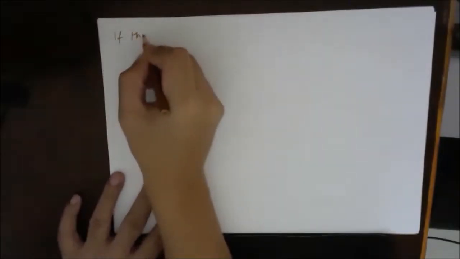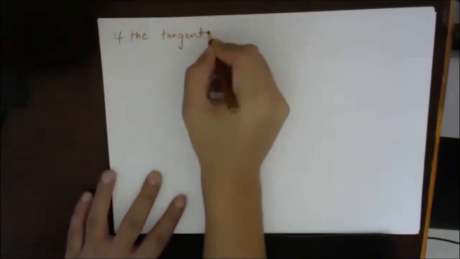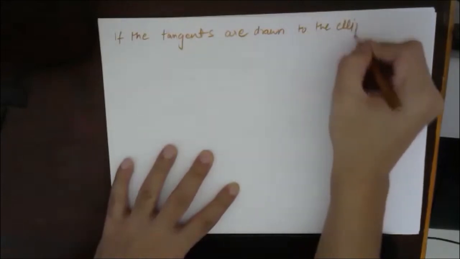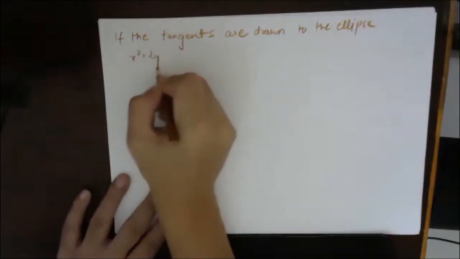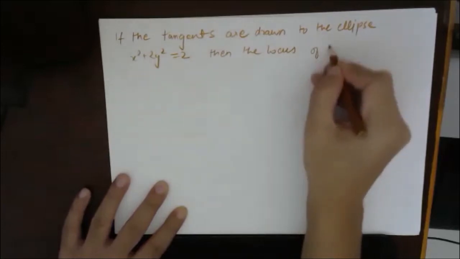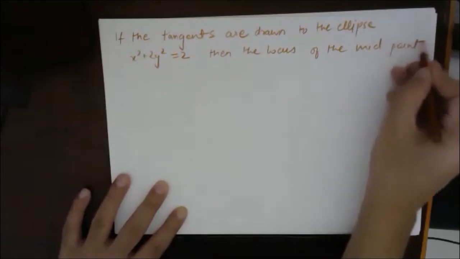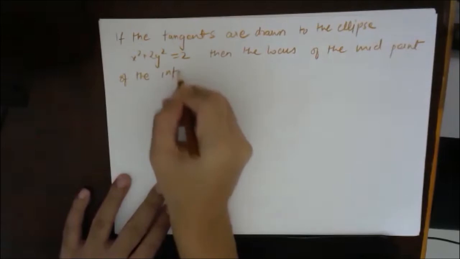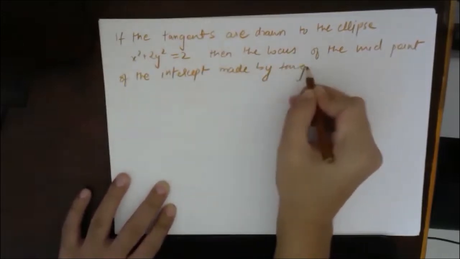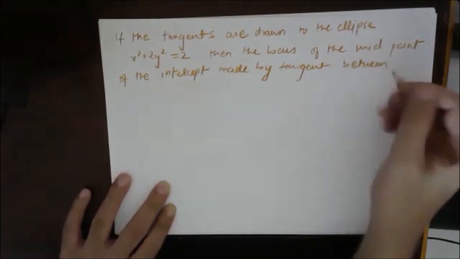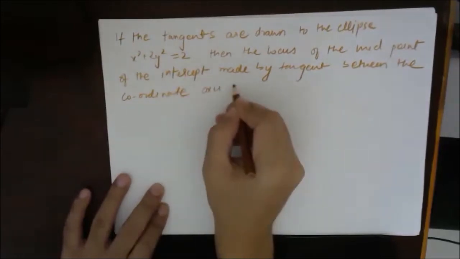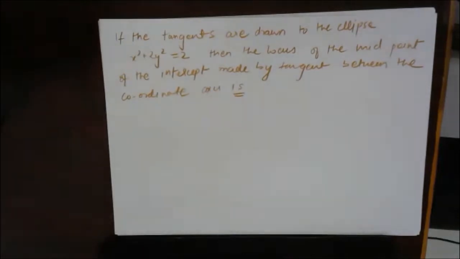If the tangents are drawn to the ellipse x square plus 2y square equals 2, then the locus of the midpoint of the intercept made by the tangent between the coordinate axes is. So basically what they are saying is that an ellipse is given, and a tangent is drawn to that ellipse.